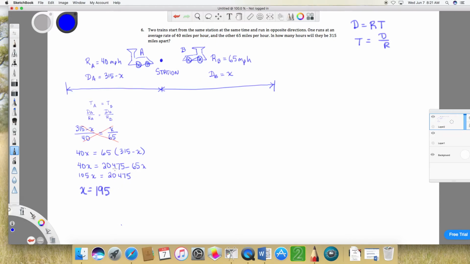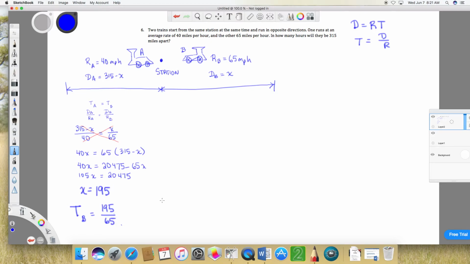So if I return to the right hand side of this, because x was the distance for train B, now this t is not for train, this t is for time. The time that train B was traveling, which is the same as train A, is 195 divided by 65.